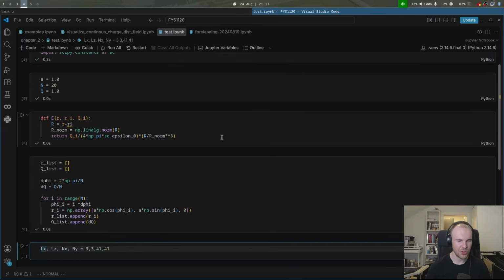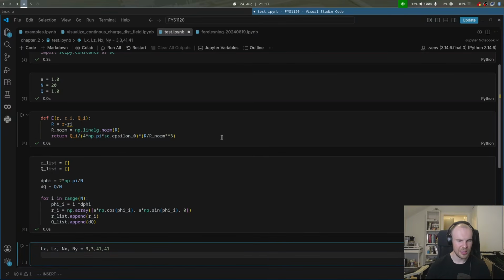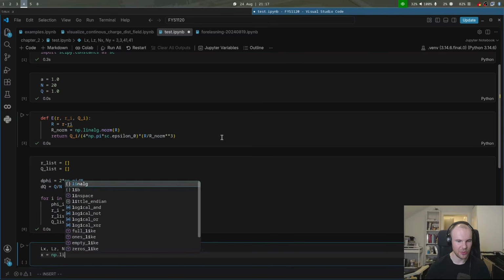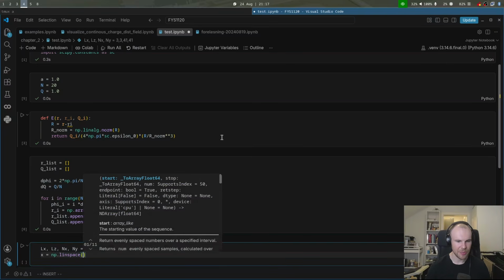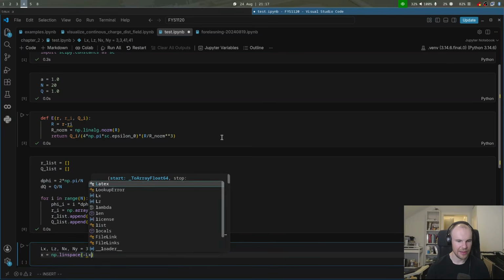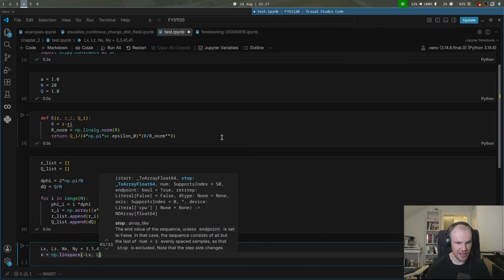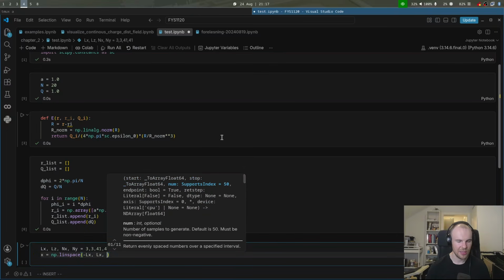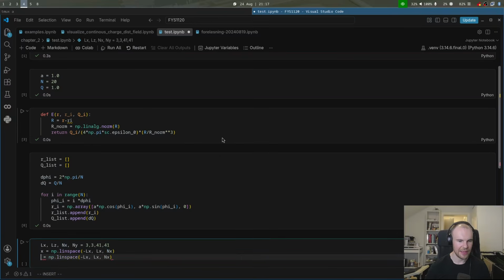That should be pretty neat. And then we can say that x is equal to np dot linspace minus Lx, and then Lx, so length x, and then Nx. And y is the same with Ny.